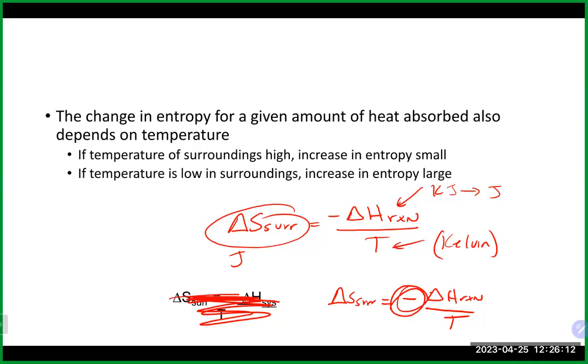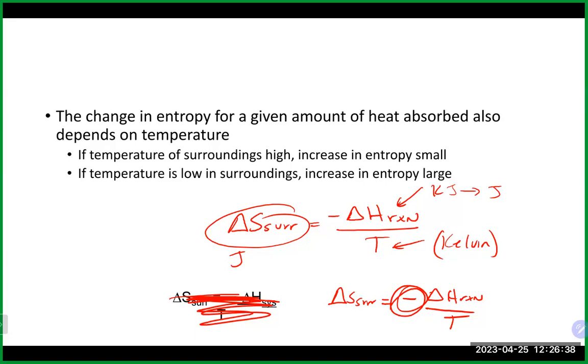People always want to put the negative where it shouldn't go. You should only have the negative here if you're doing the delta S of the surroundings. If you use an equation and solve for this, which is what we'll do later on, you don't put the negative in there. Sometimes people enter that negative in all situations, so it's a very common mistake. We'll see something very similar to this a little later on.